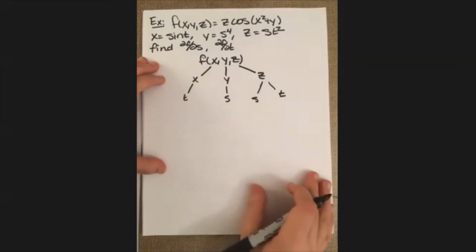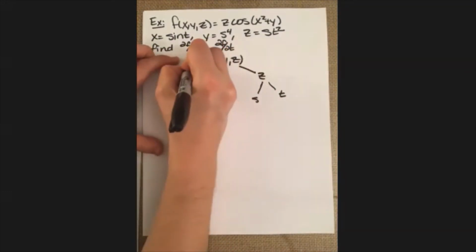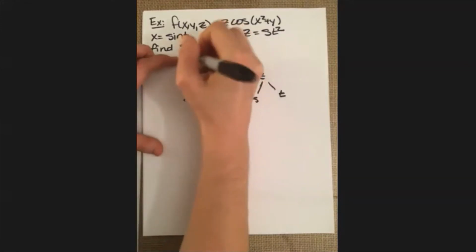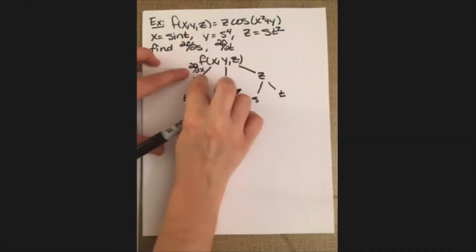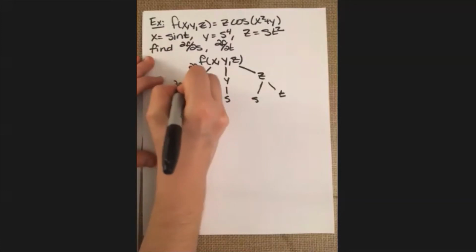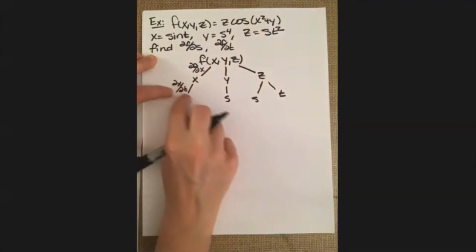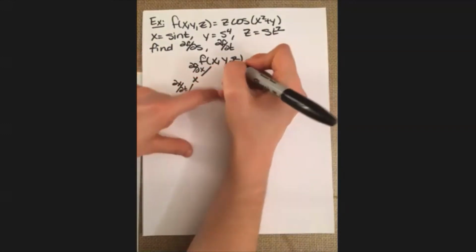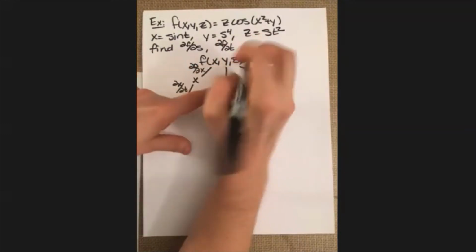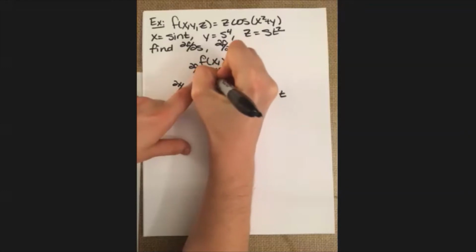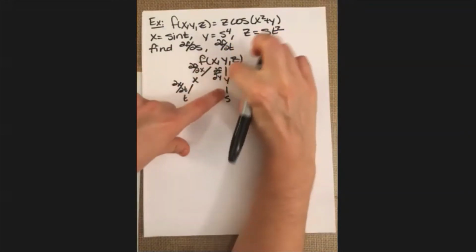So if we want, we can interpret this as a change in f being dependent on a change in x. So that's df dx. And then change in x is dependent on change in t. So dx dt, or partial of x with respect to t. Same idea here with y. Change in f is dependent on a change in y. So df dy corresponds to that leg.